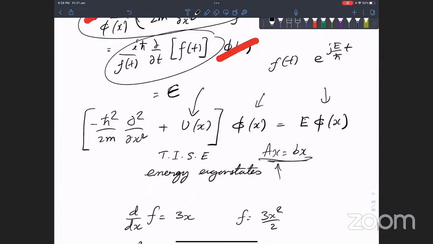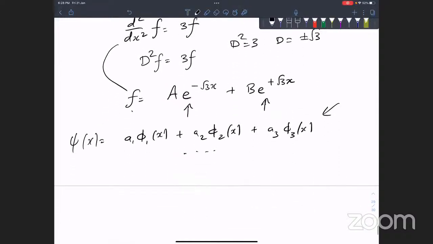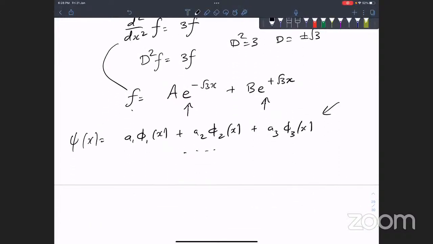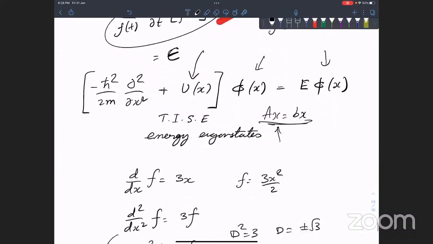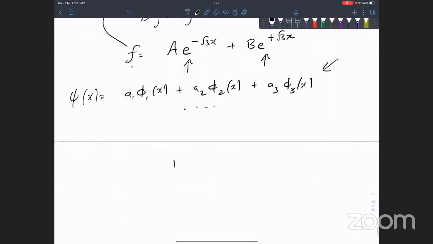So in terms of operator notation, if you want to write Schrodinger's equation, basically we write it in the following way: H psi is equal to E psi. For the time-independent Schrodinger equation, H is called the Hamiltonian.